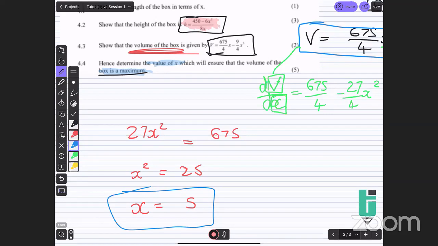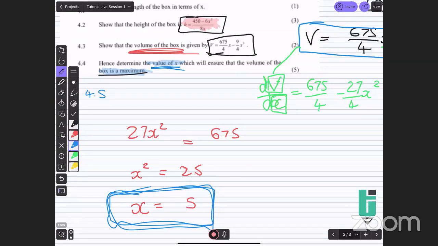A lot of students make this mistake. They will find 5 and then sub it in and say the answer is the maximum. But the question is not asking for that. The question is asking for the value of x that will give you a maximum. They could add question 4.5 and say, find the maximum.